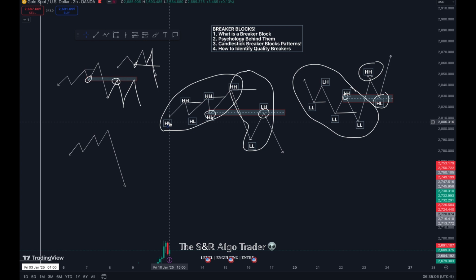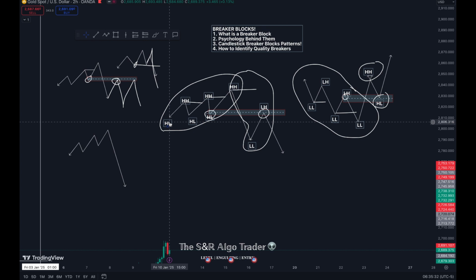Breaker blocks are created because the market might ignore the supply or demand of an order block for various reasons, and a failed order block creates a breaker block. That is one: market structure shift, the currency being overvalued, tapping into a higher time frame key level, then fundamentals or economic news can create breaker blocks.